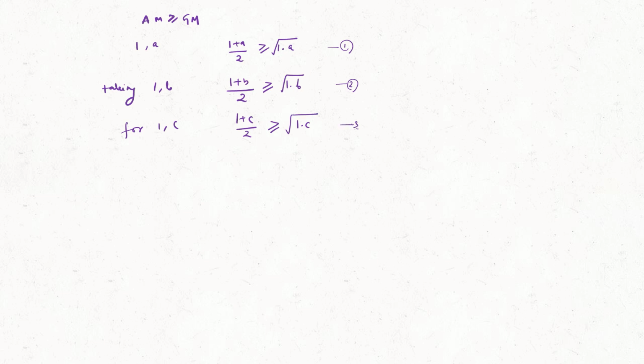Let's say this is inequality number 3. And the last one is 1 and d. We can write (1 plus d) by 2 greater than or equal to the square root of 1 into d. This is 4.